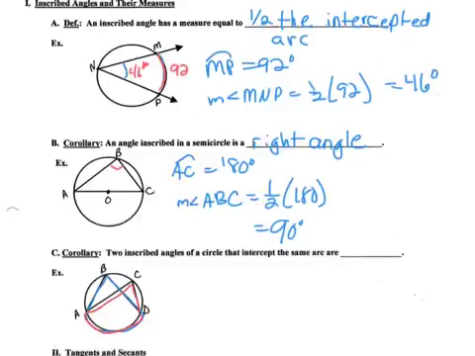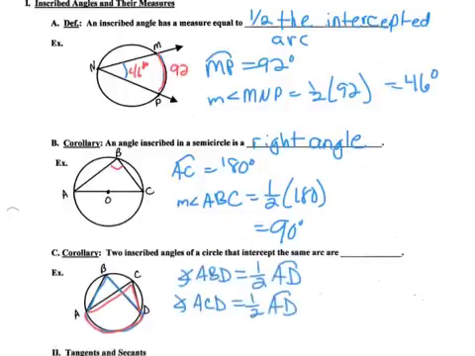If they both intercept the same arc, then both of them are half the measure of AD, which means they are congruent to each other. So angle ABD is 1/2 AD, angle ACD is 1/2 AD, so angle ABD is congruent with angle ACD.